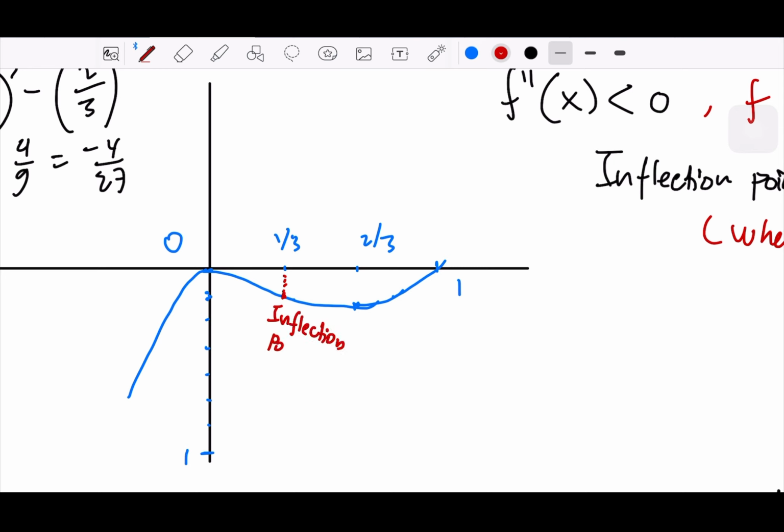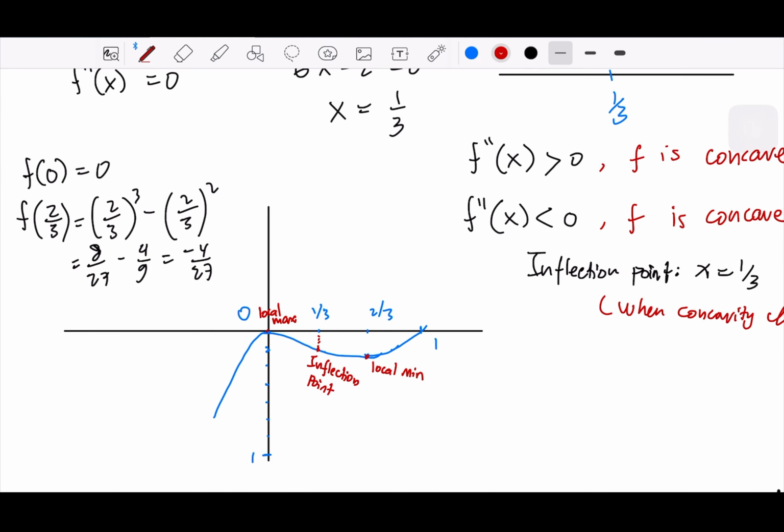So we could write this is the inflection point, and also mention the other coordinates, which are the local max and the local min. As long as you write all this information correctly, it should be okay with me if the question is just asking for sketching the curve.